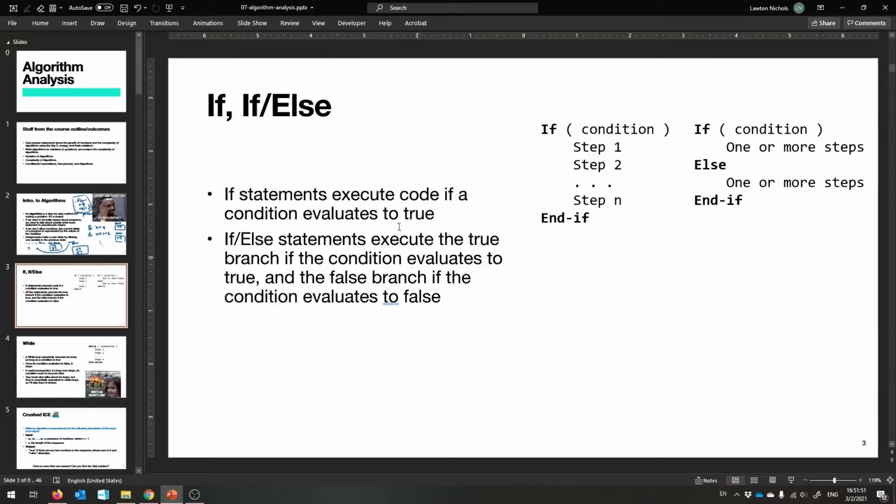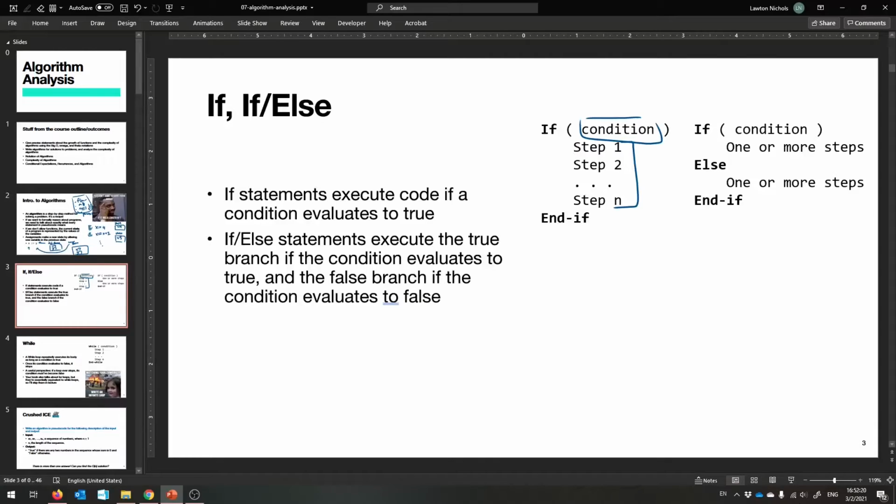It's state. Okay, now we're ready for if statements. I'm sorry if this is super obvious to you at this point in your programming career, but it's good to just spell it out. Feel free to fast forward. Okay, so if statements execute code if a condition evaluates to true. So whatever you put here better give back true or false eventually, and only if it's true do these lines get executed.